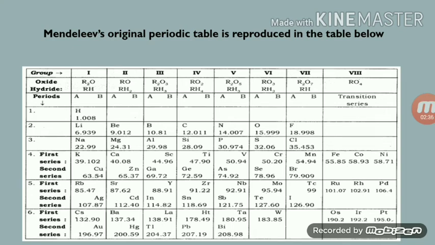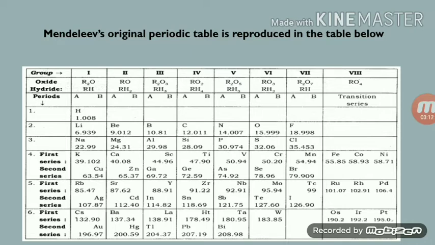For example, hydrogen, lithium, sodium, potassium, rubidium, cesium, they all have similar physical and chemical properties, but they are based on atomic masses. 1.008 is the atomic mass of hydrogen. 6.939 is the atomic mass of lithium, and so on.